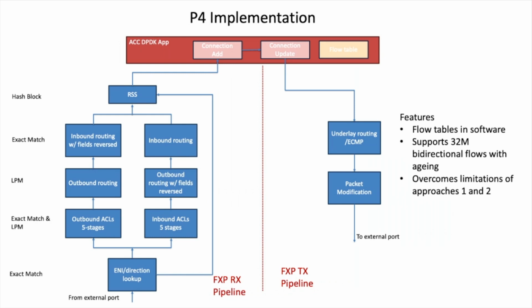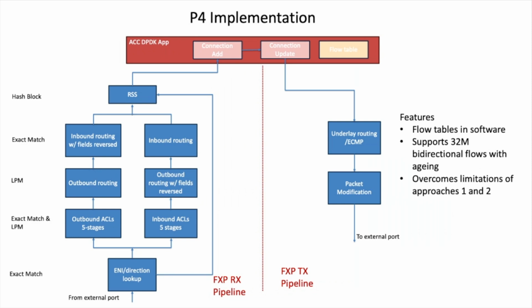Here are some more details of the P4 pipeline, the P4 RX and TX part that I explained in the previous slide. So we have various match action stages in the FXP pipeline, including exact match, LPM. There's also WCM and hash block, right?